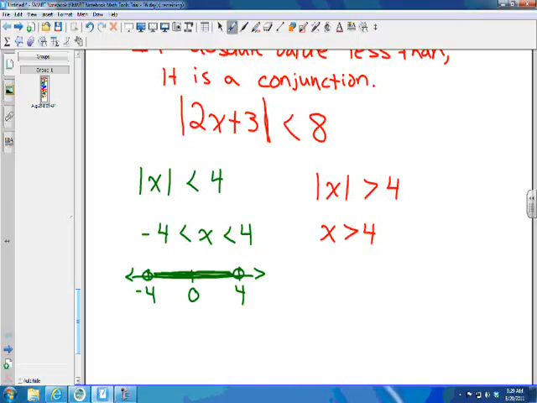No absolute value. Do not keep the absolute value once you're splitting it up. That's why we're splitting it up, to get rid of it. So x greater than 4 or x is less than negative 4. When you write the other one, you flip the inequality and you make it negative.